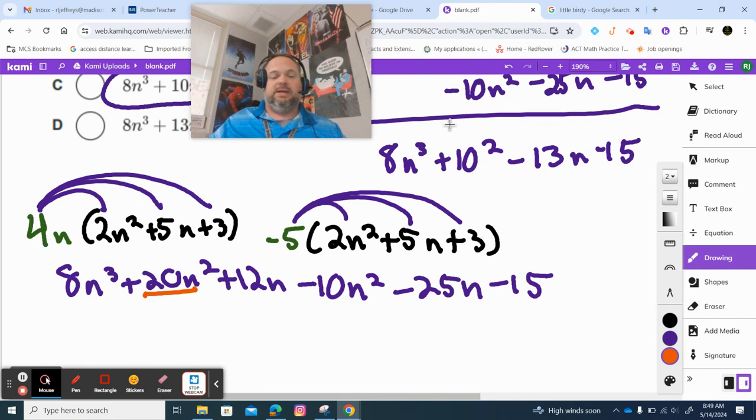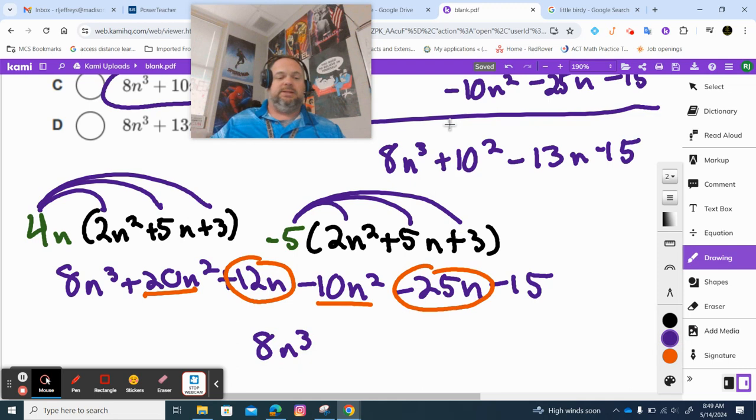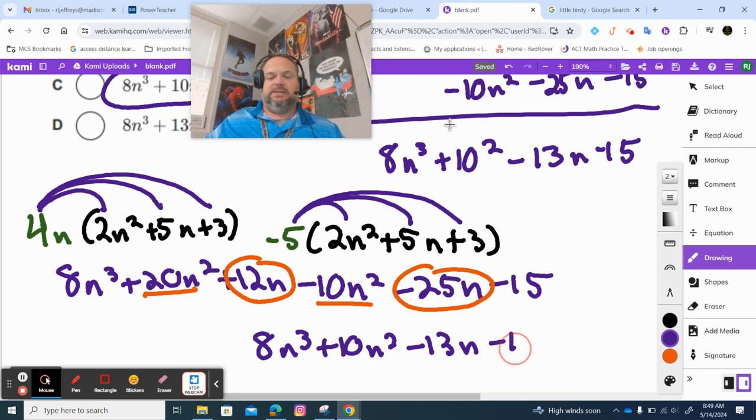See, this is like, this is like, this is like, and this is like. So when I combine like terms, I get my 8n to the third. Let's see, 20 minus 10 is 10. 12 minus 25 is negative 13n. And then minus 15.